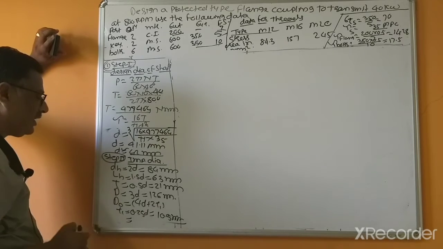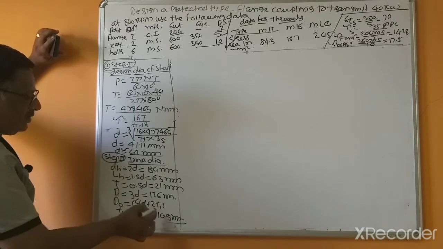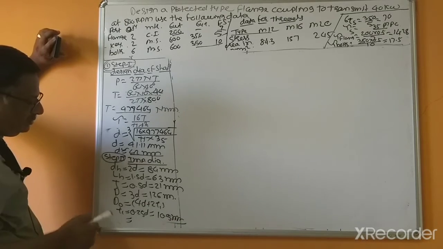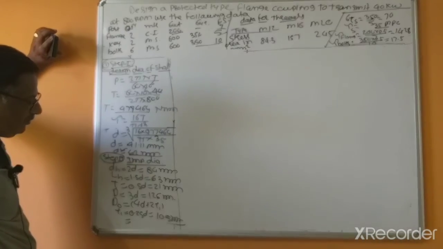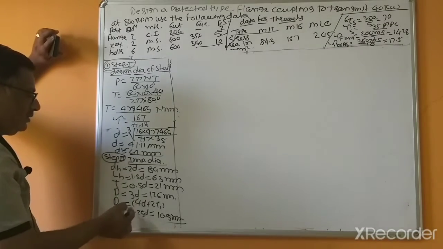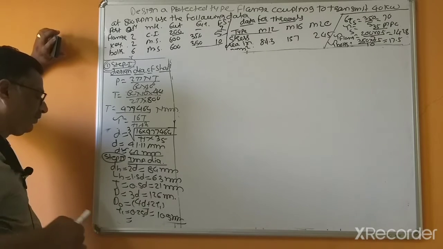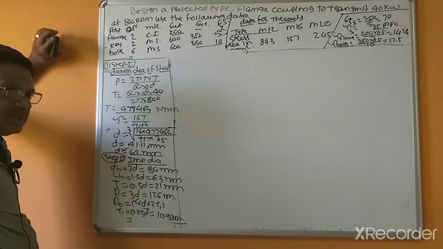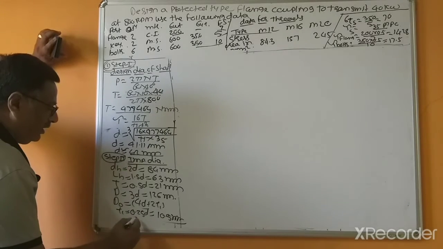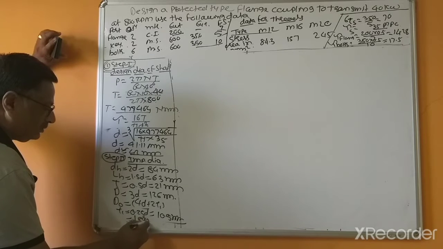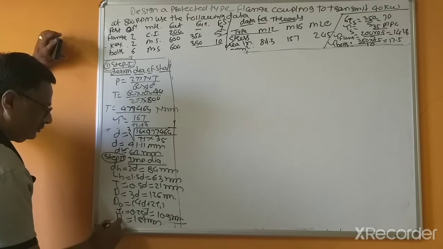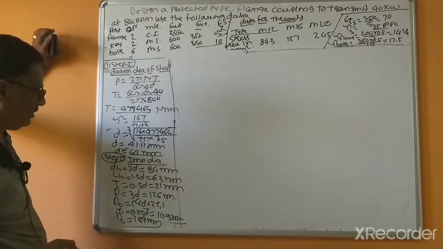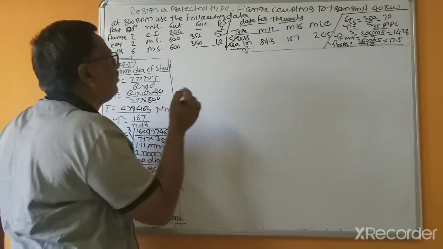That's why I am directly writing, because this is 2T1, 21, and 4D, means 42, 168 plus 21, 189. These are the important dimensions.